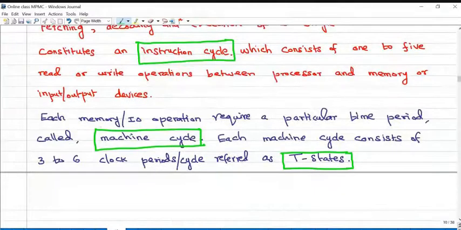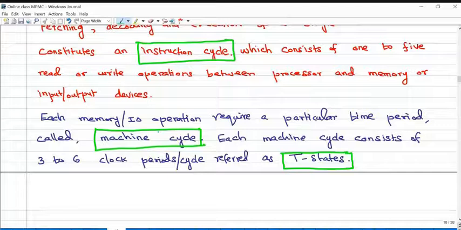Each read or write operation between memory and processor, or between IO devices and processor, requires some time. That particular time is called a machine cycle. Instruction cycle is the total time period needed to execute a particular instruction. So one instruction cycle may have one machine cycle or more than one, depending on what kind of instruction we are executing.